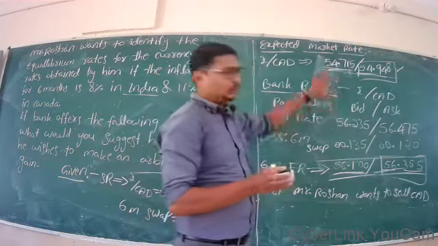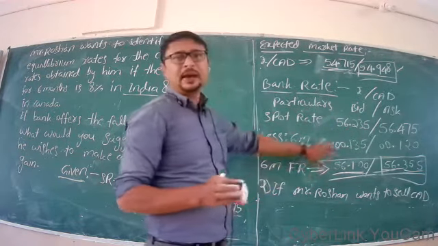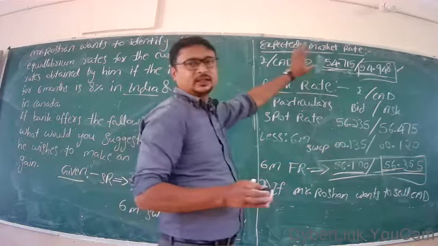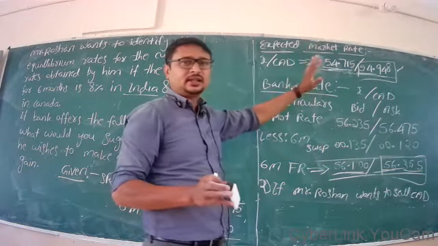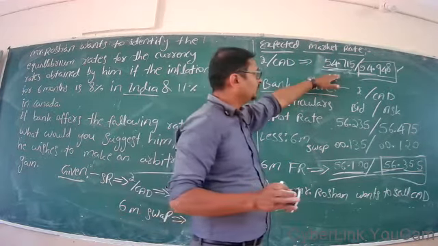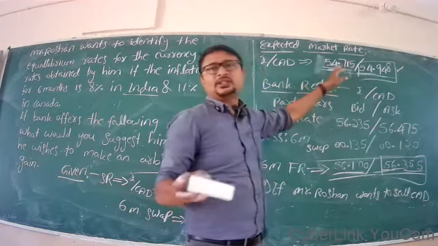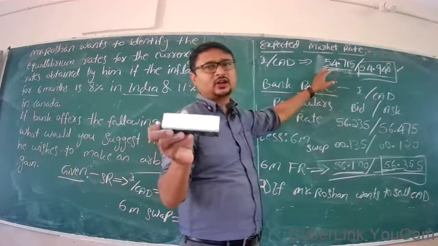So there are two shops. One is bank HSBC, another one is the open foreign exchange market. This shop offers him rupees 54.715 if he sells one Canadian dollar.